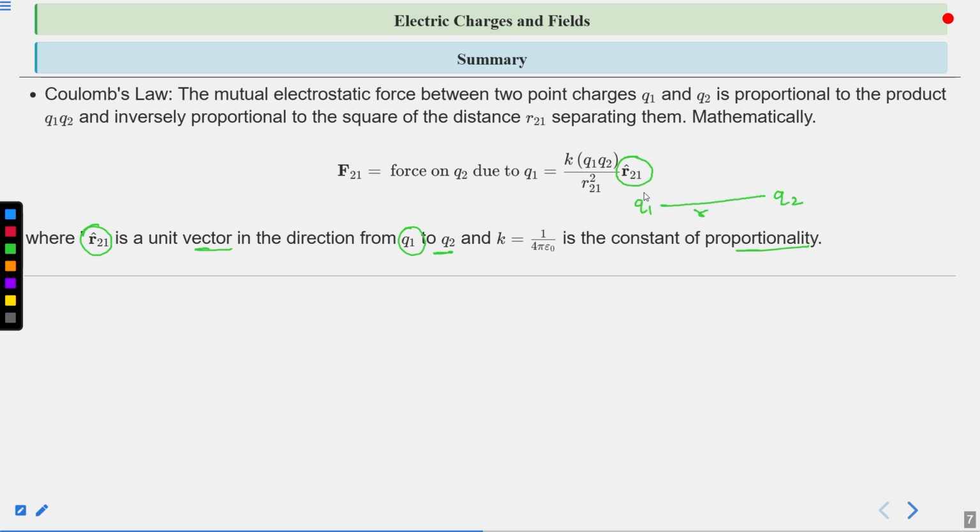Listen carefully, the force on charge Q2 due to charge Q1 is this one, and both are positive, so the direction is outward. So r cap 21 shows the direction of the force, that's it, or we can say a unit vector.